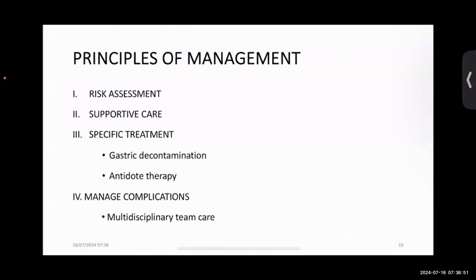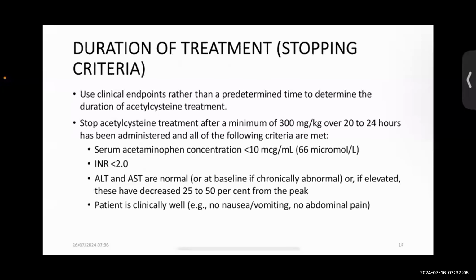Sorry for time, I might not be able to go through that. But the principles of management, as I initially said, are that you do a risk assessment, supportive care, and specific treatment, where you do gastrointestinal decontamination and antidote therapy, then you manage the complications. There are also conditions for stopping N-acetylcysteine treatment.